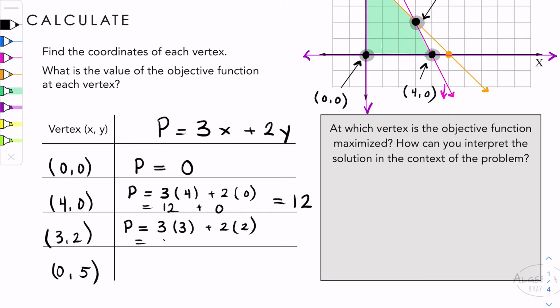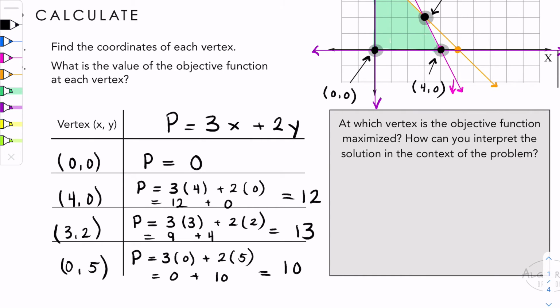That is equal to 9 plus 4, which is 13. And lastly, 0, 5. 3 times 0 plus 2 times 5, or 0 plus 10 is equal to 10.